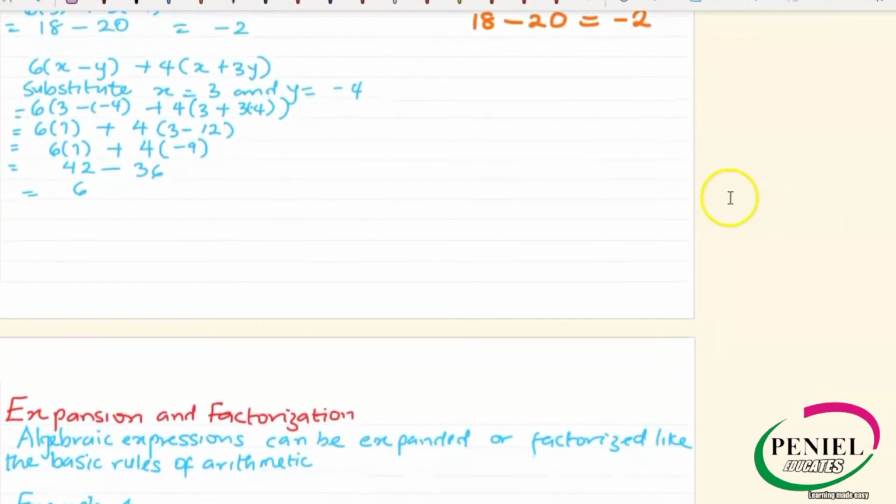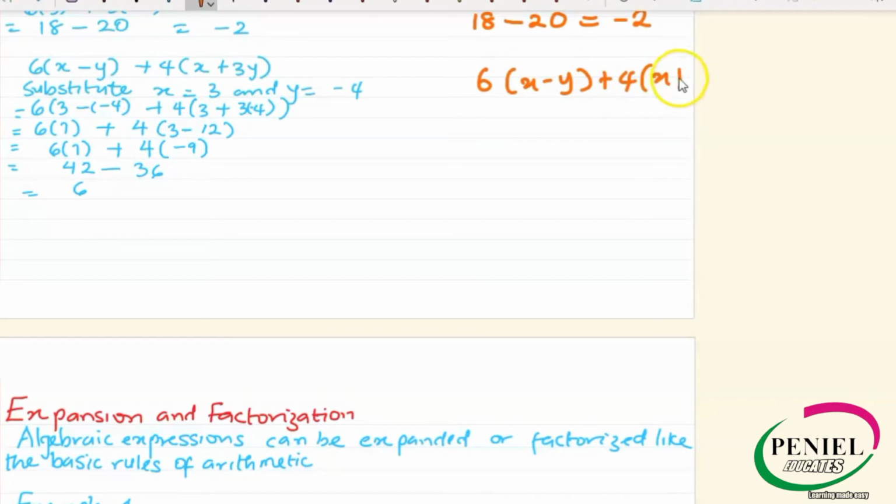For example, you have 6 into x minus y plus 4 into x plus 3y. So don't forget that we're given x to be 3. So we'll do x as 3, then minus, what is our y?